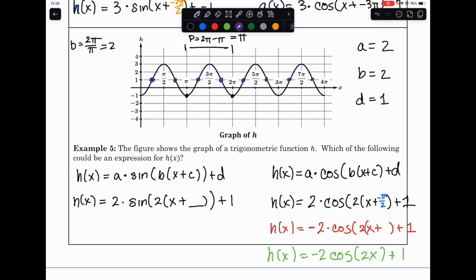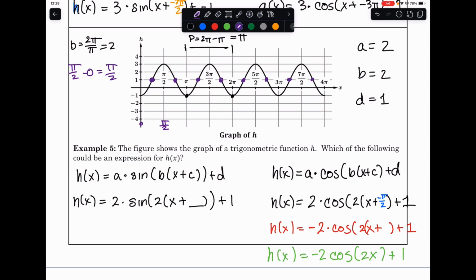So the distance from 0 to pi over 2, pi over 2 minus 0 is pi over 2. Let me write it bigger. So pi over 2 minus 0 is pi over 2.